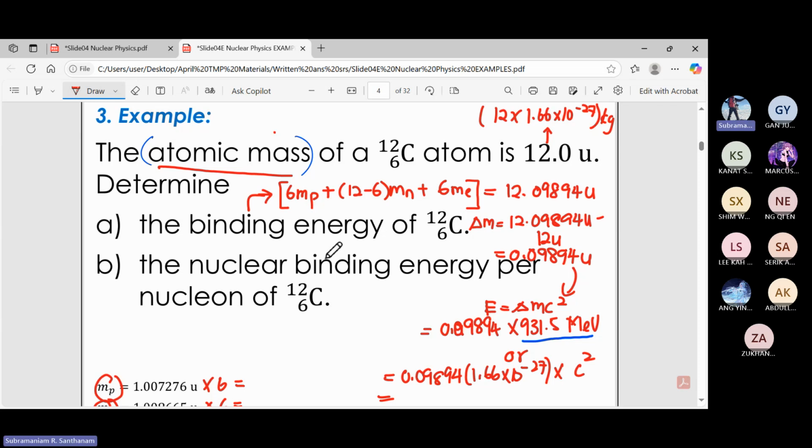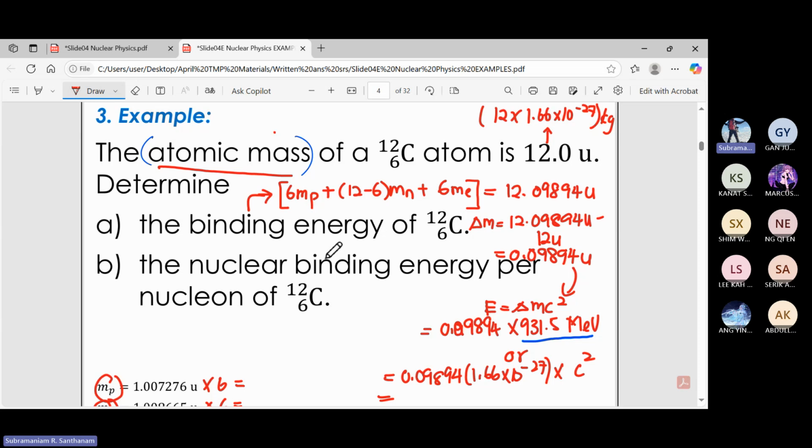Then for part B, once you get your A, how do you get your B? The nuclear binding energy per nucleon. What was the answer here?